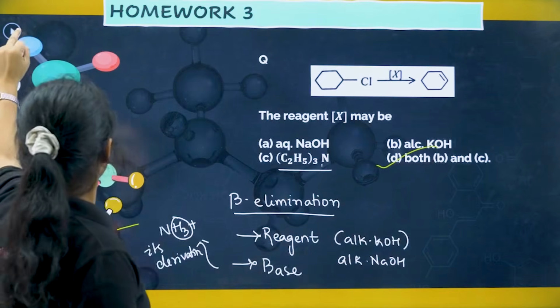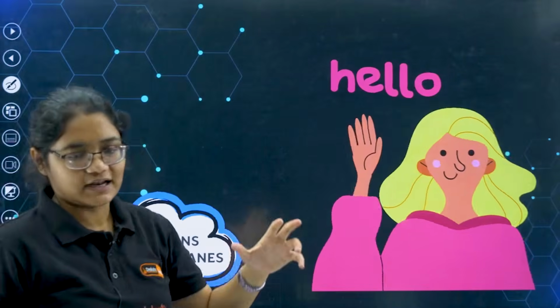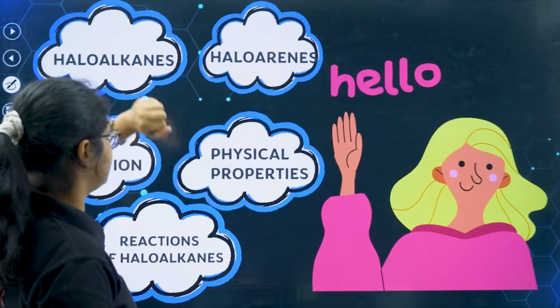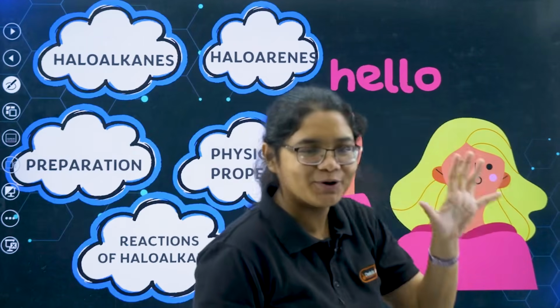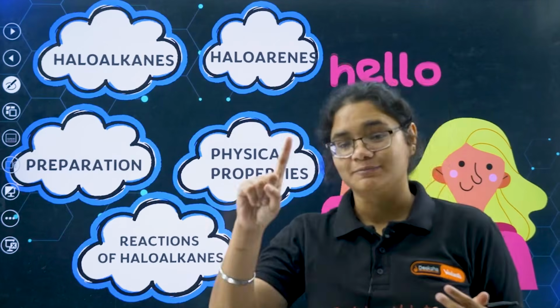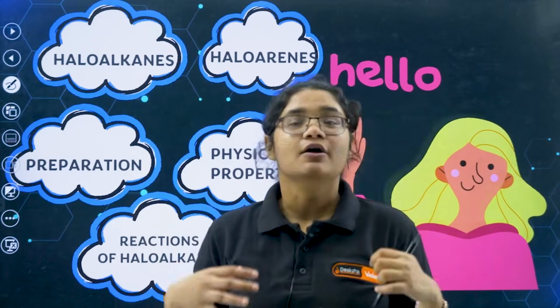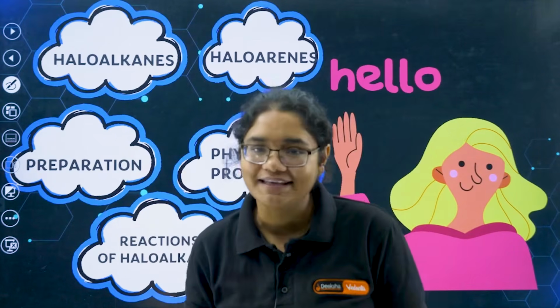Fine. So now we will be moving to today's class. Till now, what all things have we studied? We have said hello to our halo. In the first part we had a brief introduction about haloalkanes and haloarenes. We came to know how we should name them and how we should classify them, right?